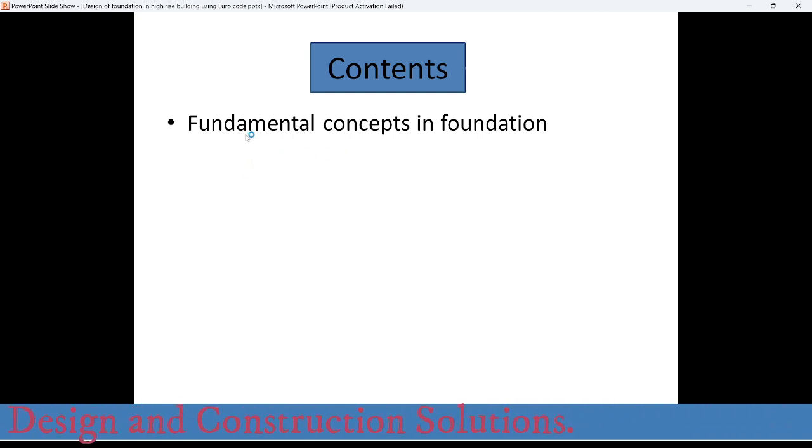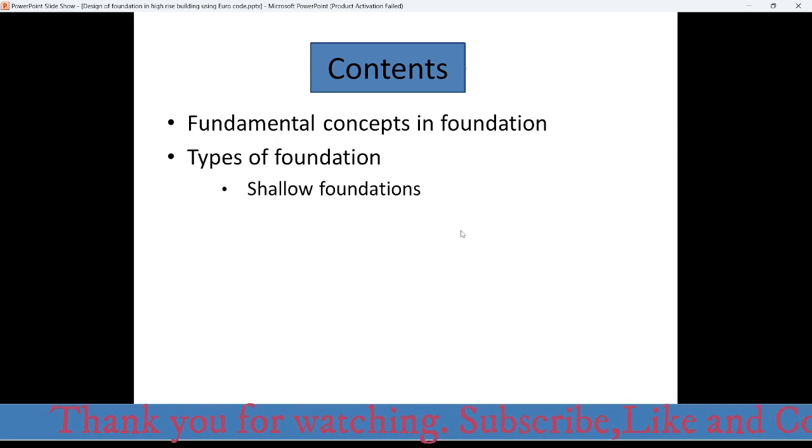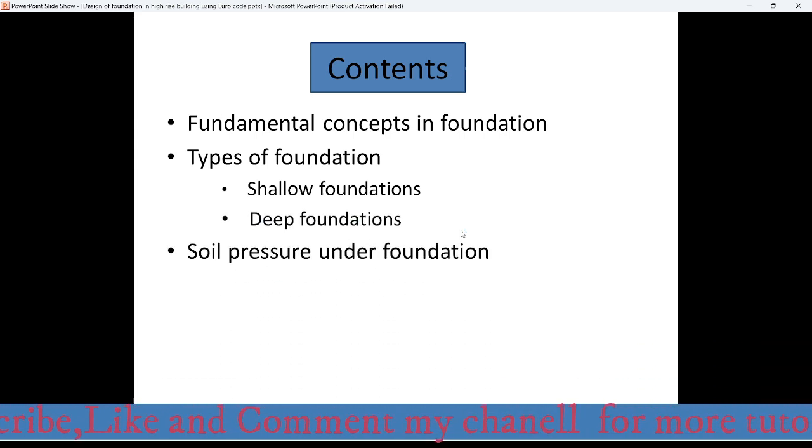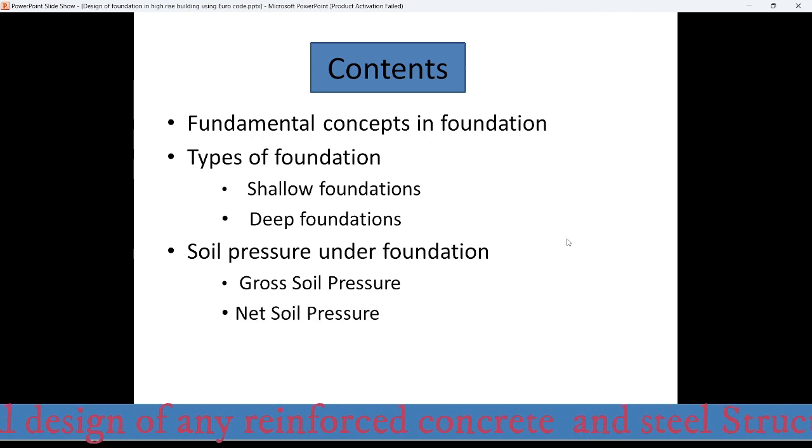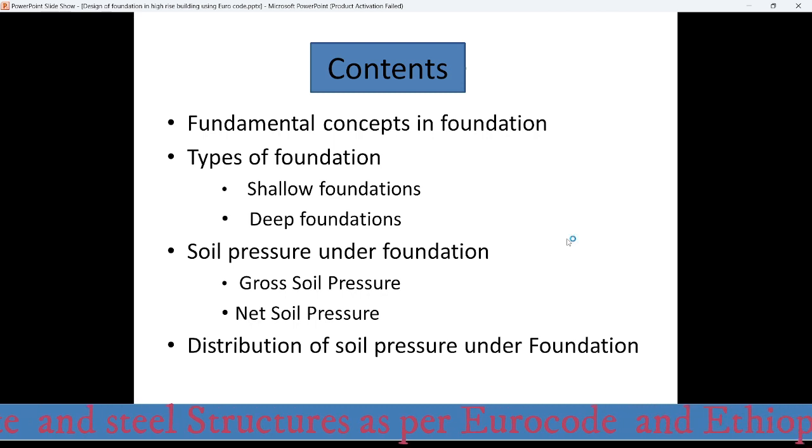The first one will be the fundamental concepts in foundation, and the second one will be the types of foundation, which are the shallow foundations and the deep foundations. The third one will be focusing on the soil pressure under foundation. These are the gross soil pressure and the net soil pressure. And the fourth one will be focusing on the distribution of soil pressure under the foundation.